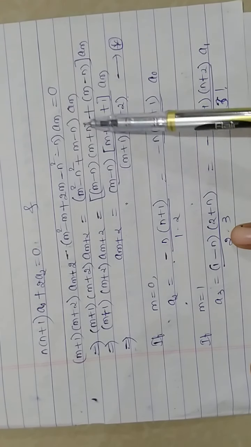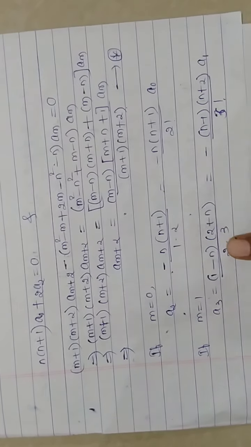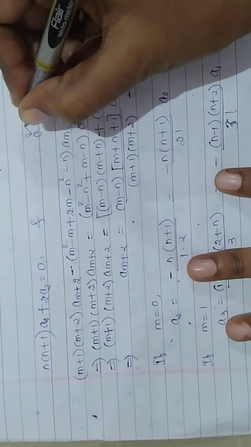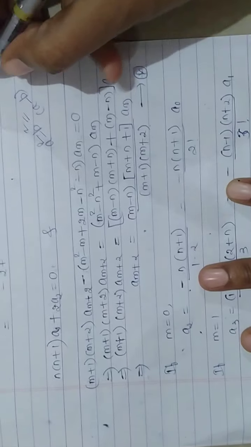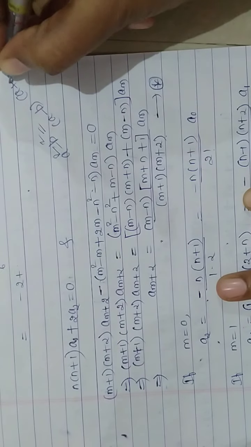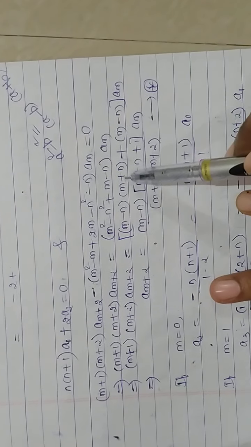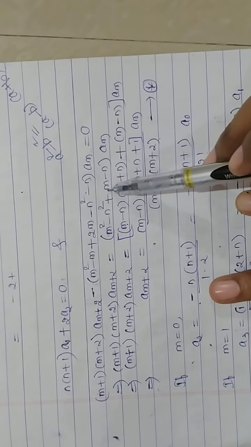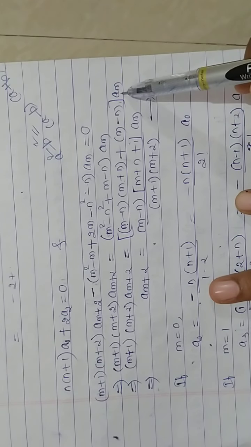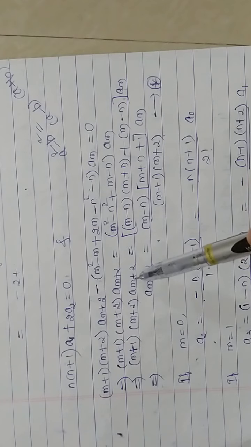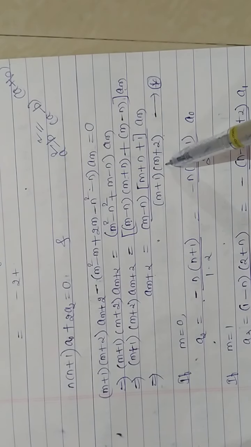Now consider this equation. Here I have m square minus n square. So I can use the a square minus b square result, isn't it? What is the value of a square minus b square? a minus b into a plus b. So here I can have m minus n, m plus n, plus I will keep this m minus n as it is, into bracket am. So I will keep this am plus 2 as it is, and I will shift these two terms to the denominator of the other side.